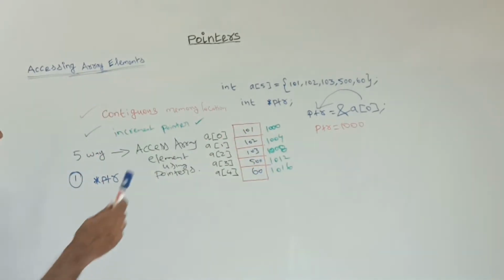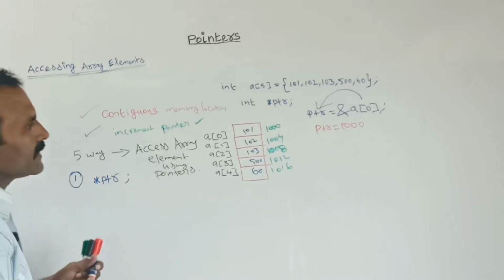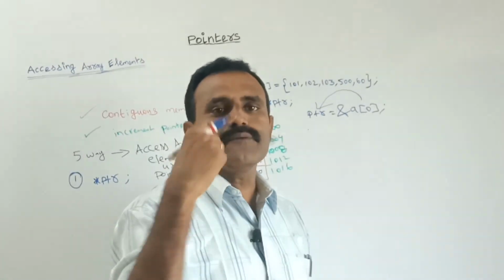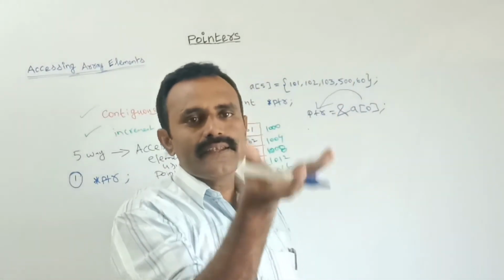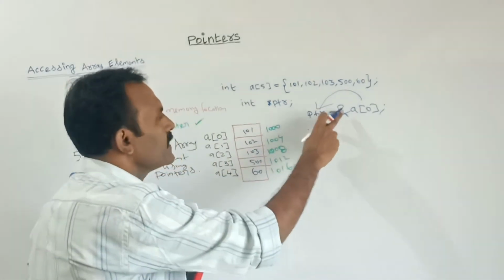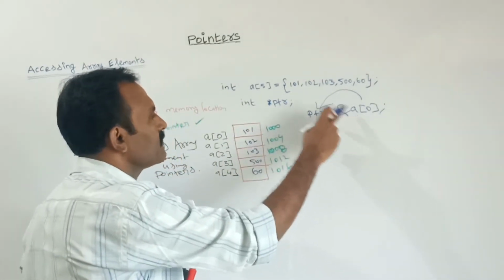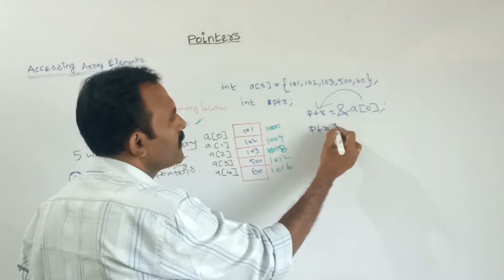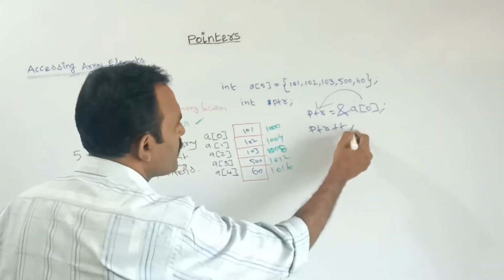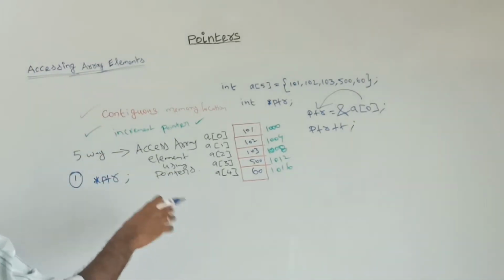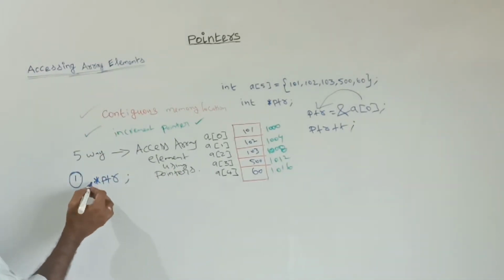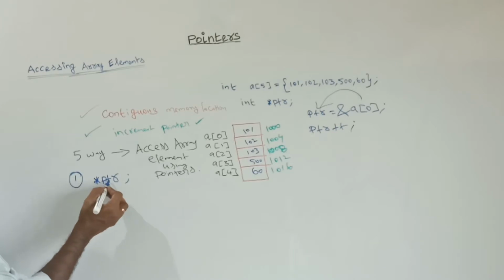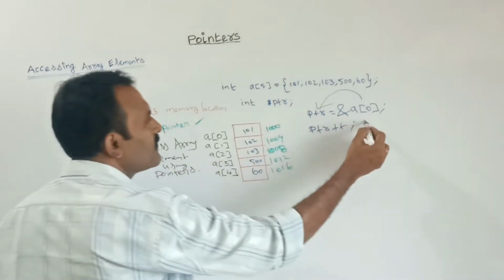Suppose I want to get the next element. If I increment the pointer variable, I can get the next location. This is the initial value; here I am initializing the address of a[0] to ptr. Suppose in this step I give ptr++, and then I print *ptr. Currently what will be the address?